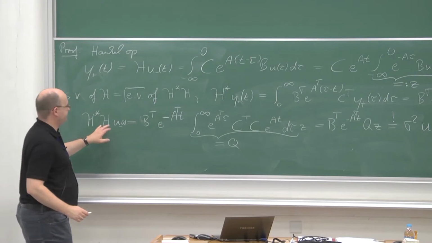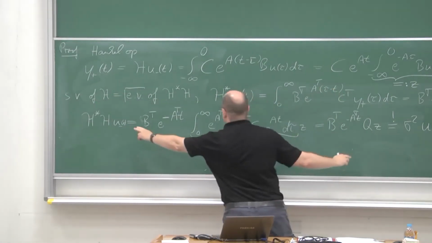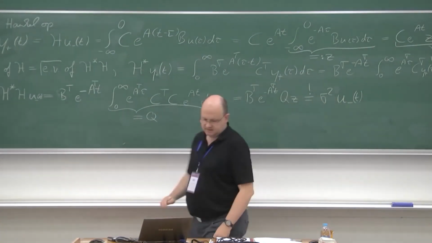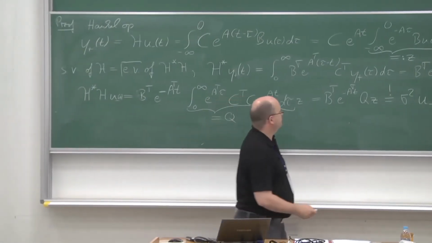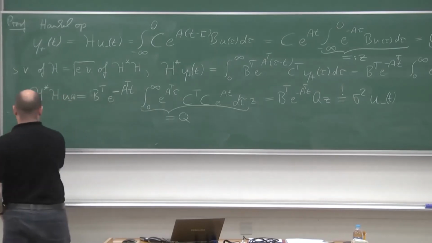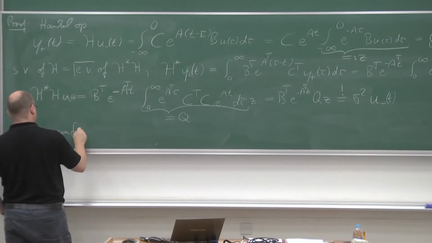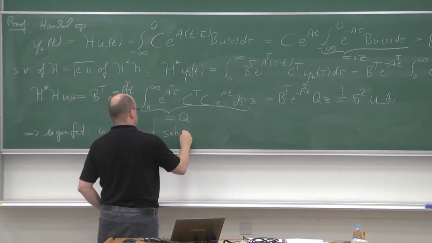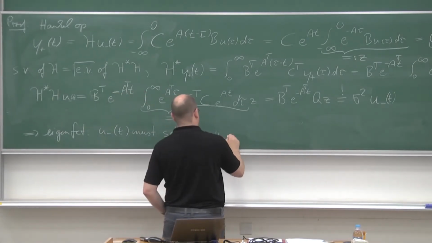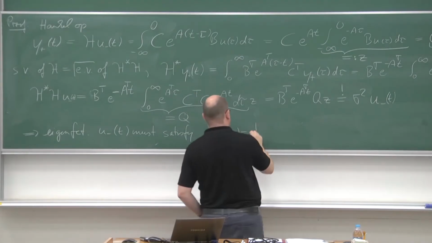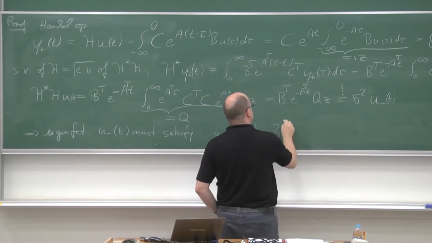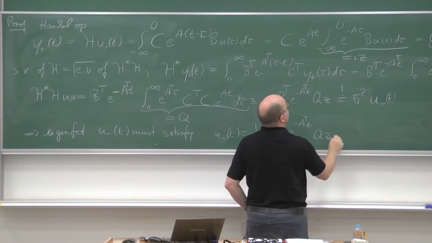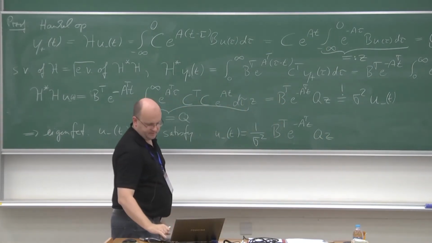So to have an eigenvector and an eigenvalue, this eigenfunction u minus of t must satisfy u minus of t equal to 1 over sigma squared B transpose e to the minus A transpose t Q theta. So now we remember what theta was.